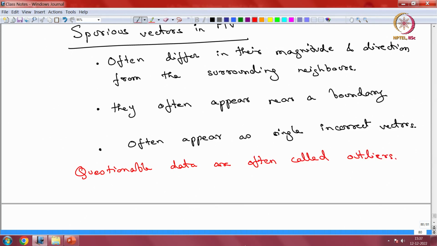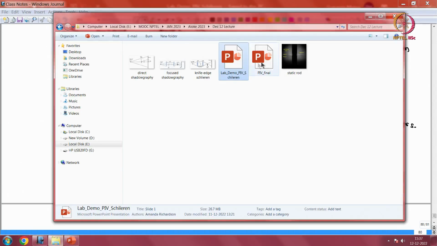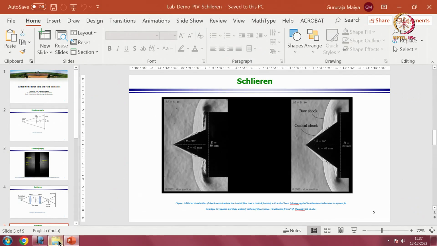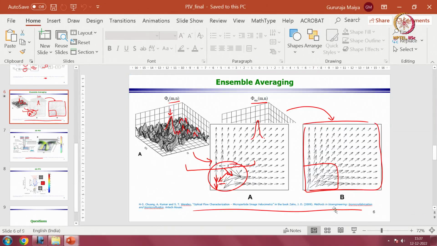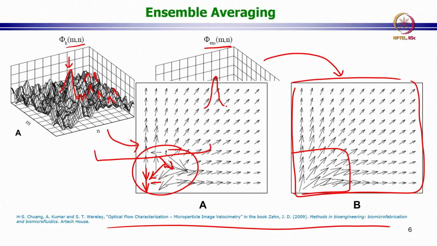So we have seen some example last time. If you recall this particular slide, we had said how the use of the ensemble correlation peak helps remove incorrect or spurious data. And in this case, you could see that the flow field looks very straightforward.